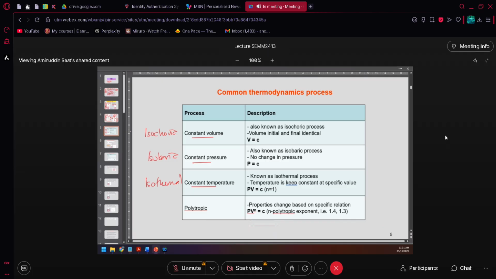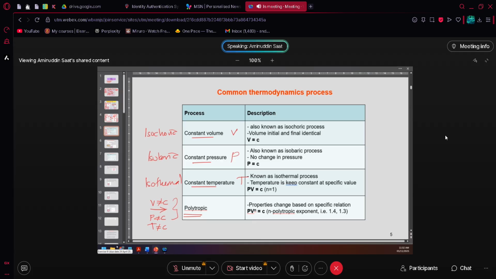But if the volume or pressure or temperature is not constant, then this is the remaining case. If the volume is not constant, if pressure is not constant or temperature is not constant, all these represent the polytropic process, where you need to identify there is a change in the volume, a change of the pressure, and a change of the temperature.